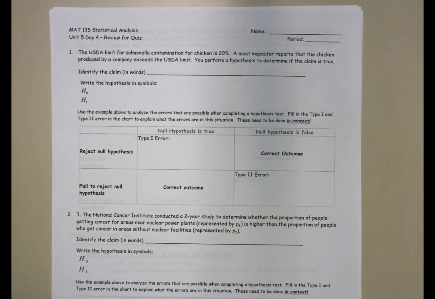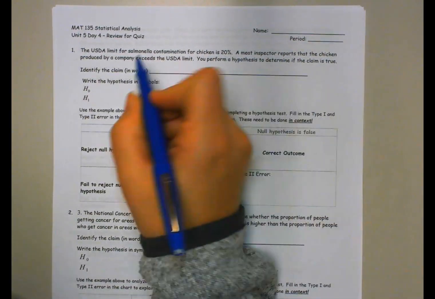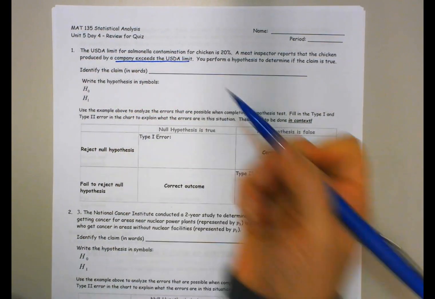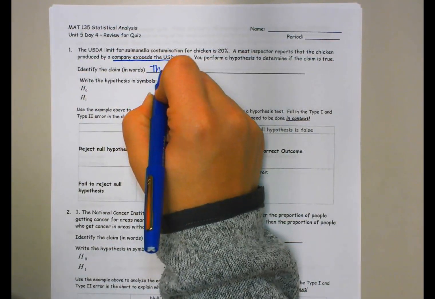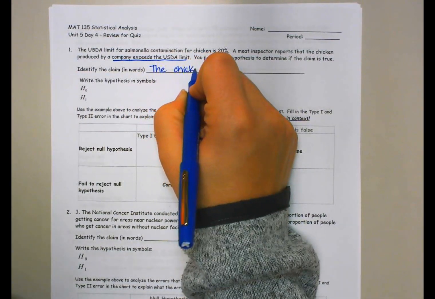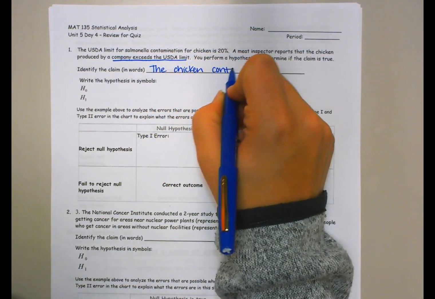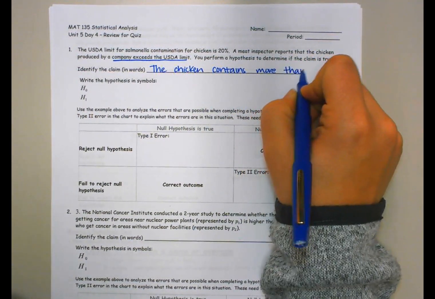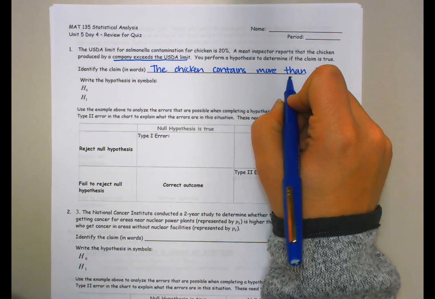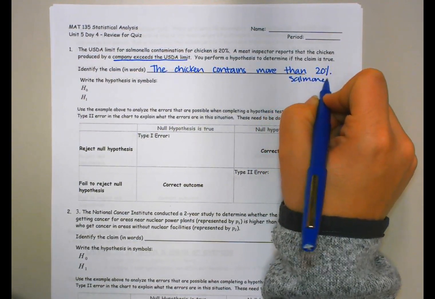So our claim here, the inspector is claiming that the company exceeds the USDA limit. So in words, the chicken contains more than 20% salmonella.